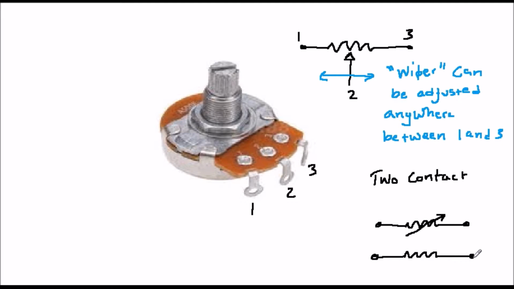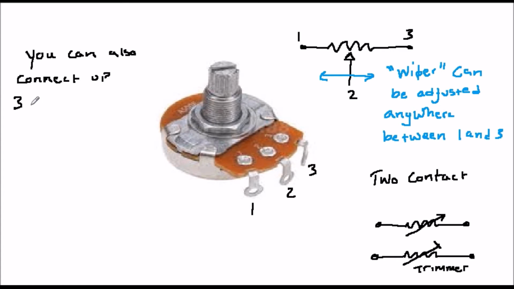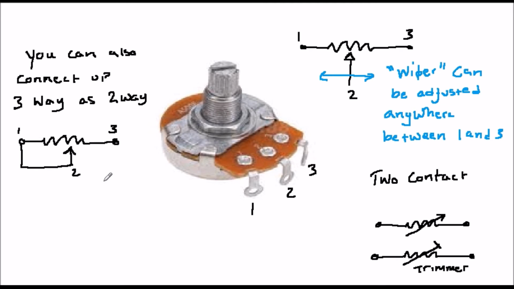As a general point, any component shown in a diagram with an arrow through it is a variable or adjustable component. Components which are designed only to be adjusted occasionally, which are sometimes called trimmers, have a slightly different symbol shown in the diagram. Variable resistors are very useful, for example, in the volume control of audio amplifiers or radios.